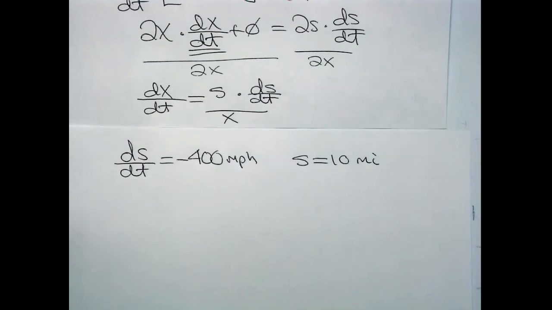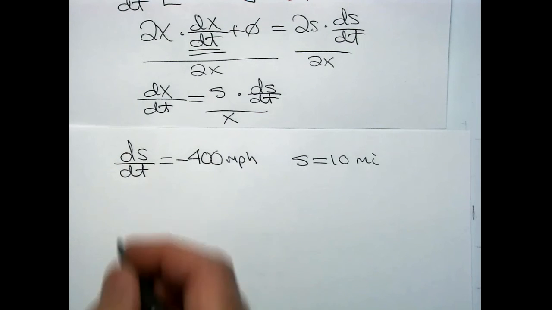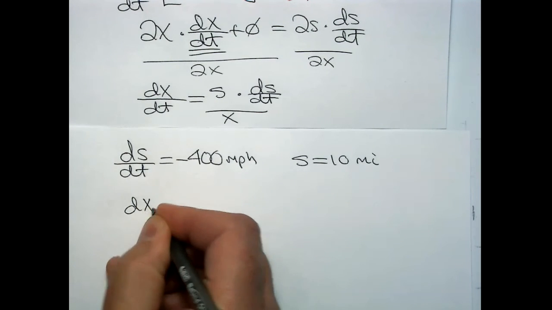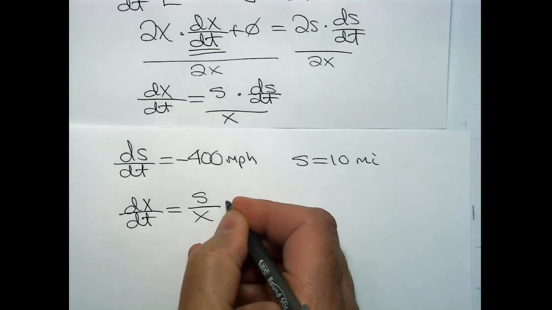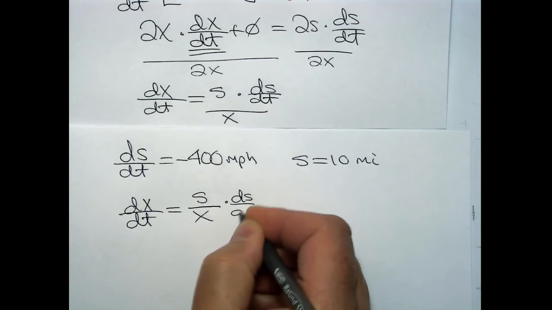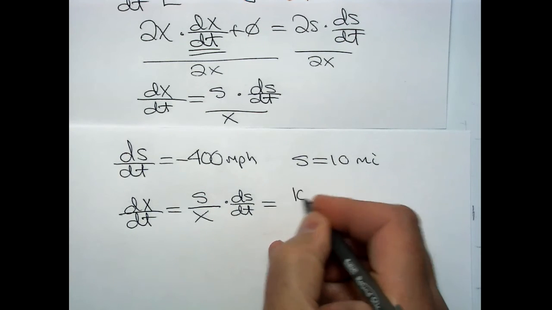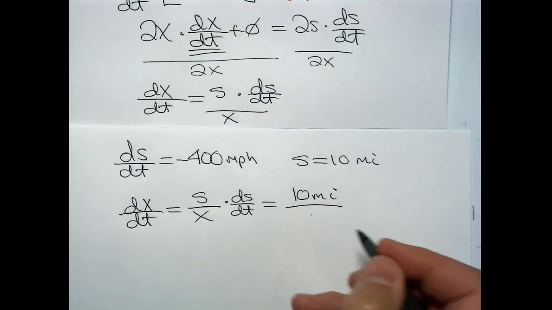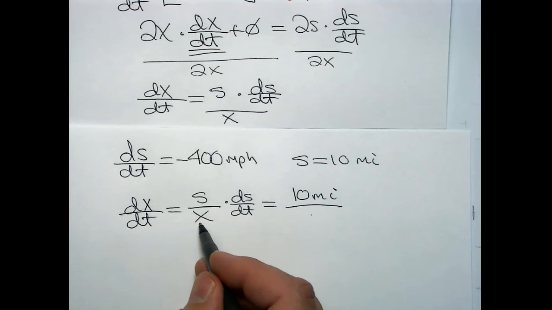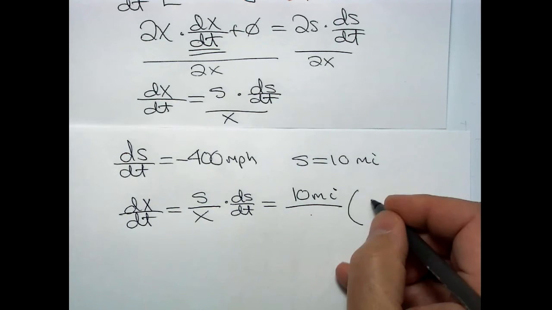With that information, can we get the speed of the airplane? Well, dx/dt, the horizontal speed of the airplane, is s over x times ds/dt. That would be s, 10 miles, over x. I don't know what x is, so we're going to have to do some work on that. But ds/dt I do know.